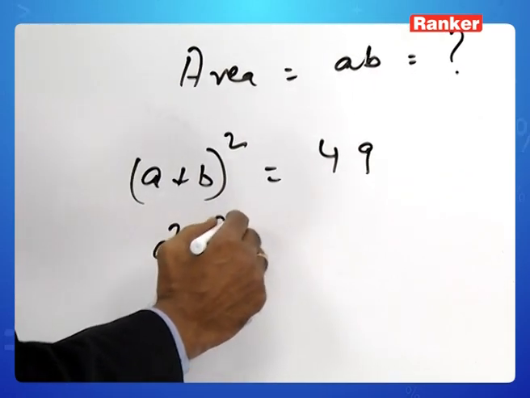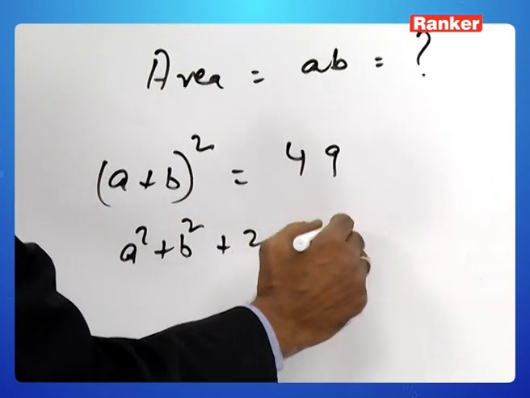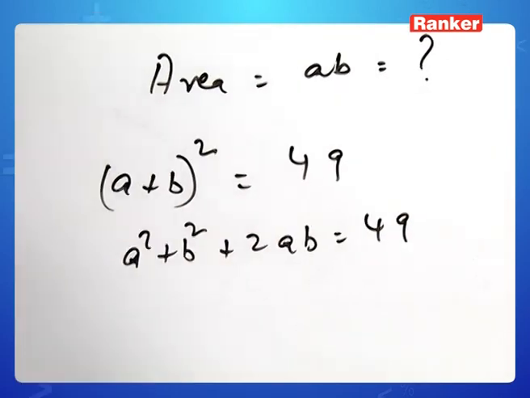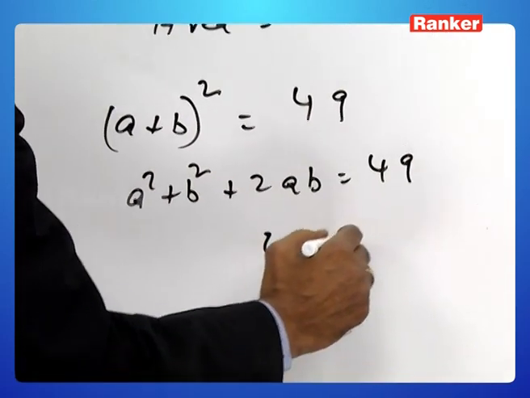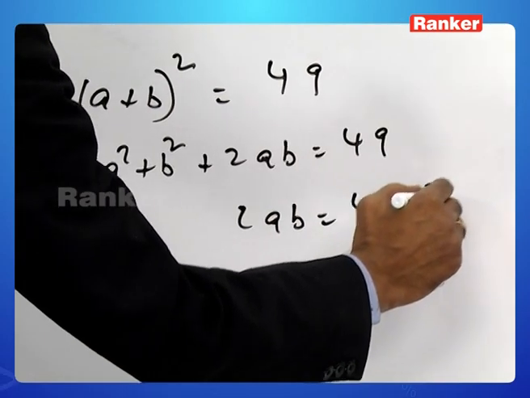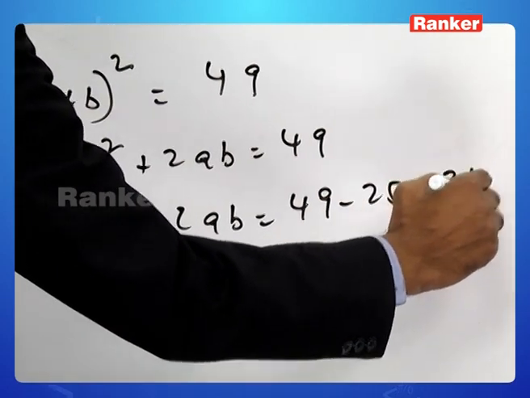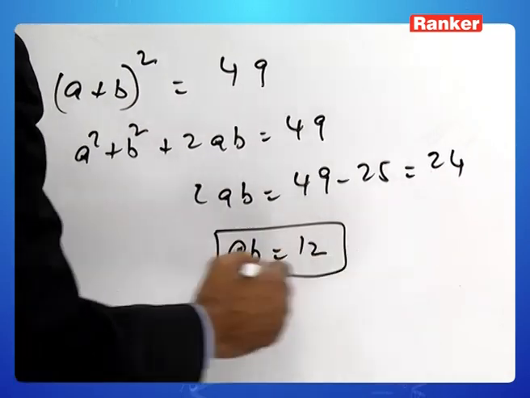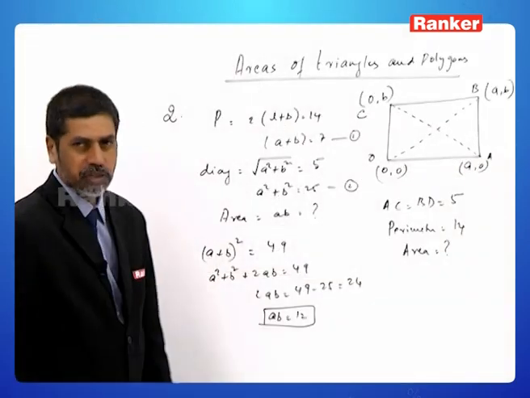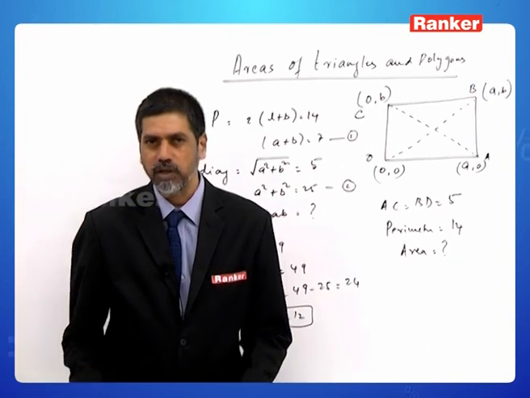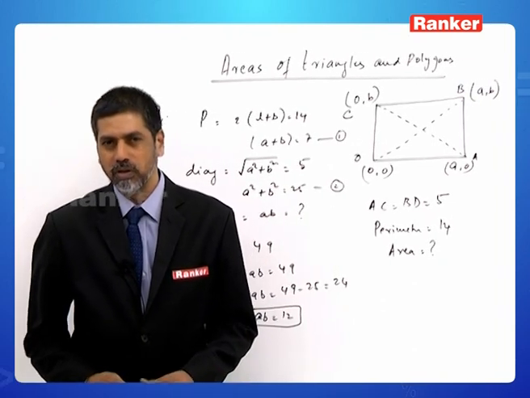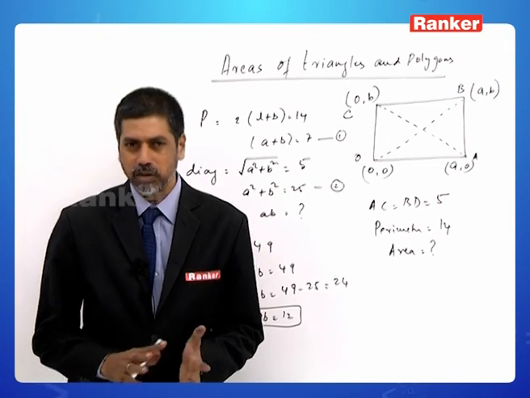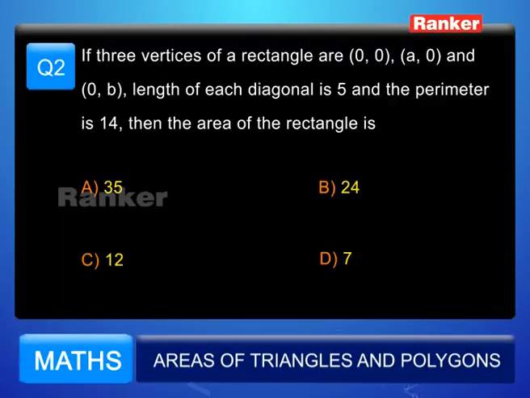This is A squared plus B squared plus 2AB is equal to 49. So 2AB is equal to 49 minus 25, which is 24. So AB is 12. So I think this is basically a school level mathematics problem where you don't have to really bother, because an extremely simple situation has been given in this question. You can see that the correct option for this problem will be C.